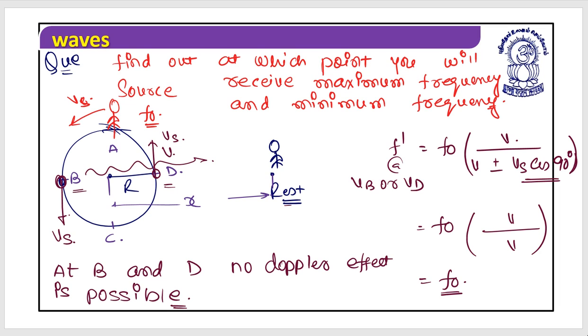These are the locations where no Doppler effect will be available, and you are going to hear the same frequency as the source produces. Is it clear up till now? Great. So these are the locations B and D. Next, let's talk about VA and VC.